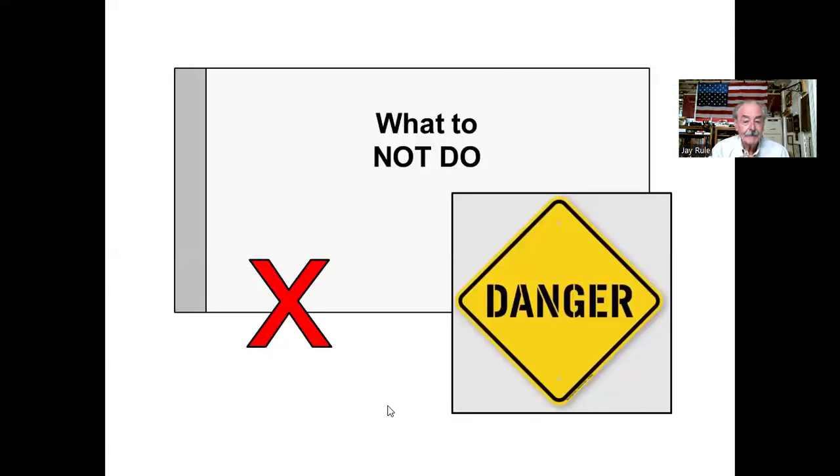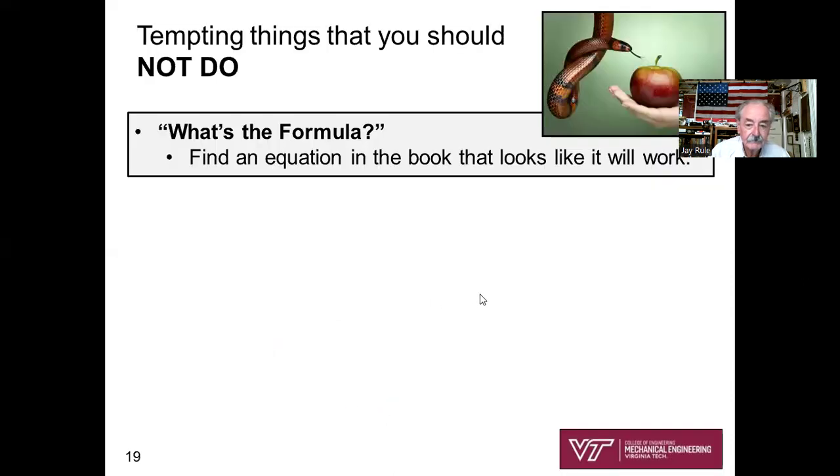That's the recipe. Now, some ideas on what to not do. So this is what I would recommend you not do. It is tempting to go into a textbook or class notes and find a formula. And I've, as a student, I've been guilty of this. It's so tempting to find the formula, right?